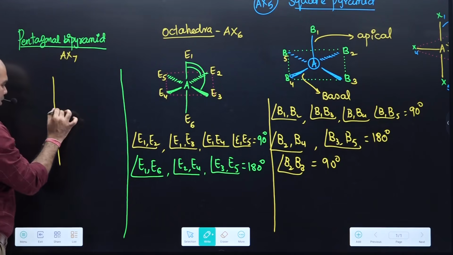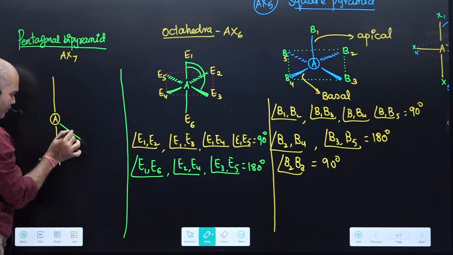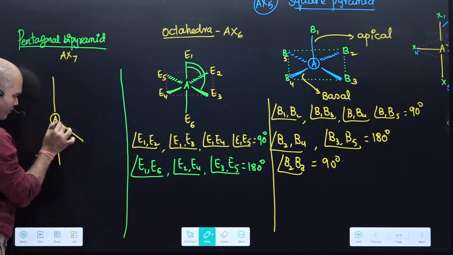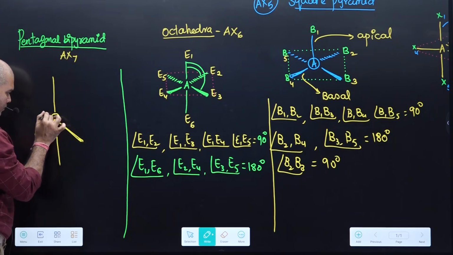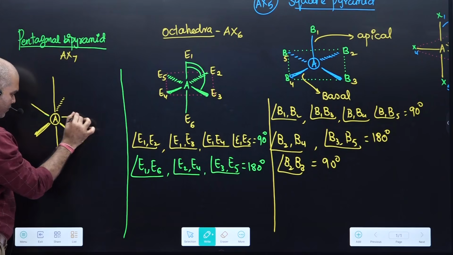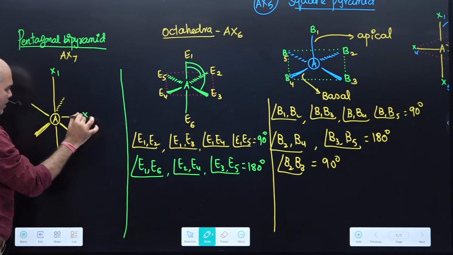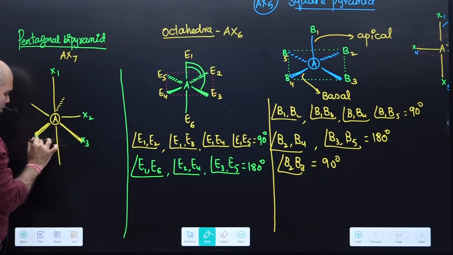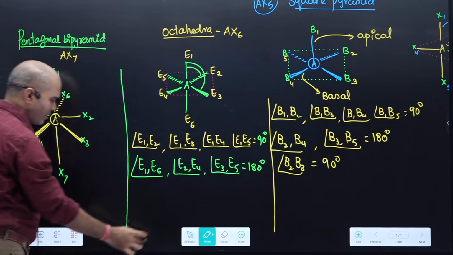So that plane will have x1, x2, x3, x4, x5, x6 and x7.